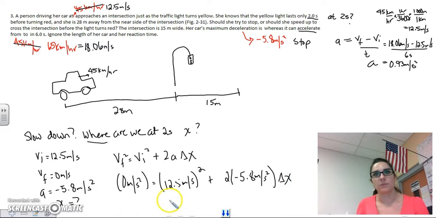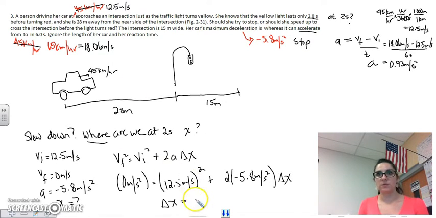So where are we when we try to stop? I'm going to use quick algebra here and solve for delta x. First I move the 12.5 squared, that's going to move over. Divide by 2, divide by 5.81, or just 5.8.